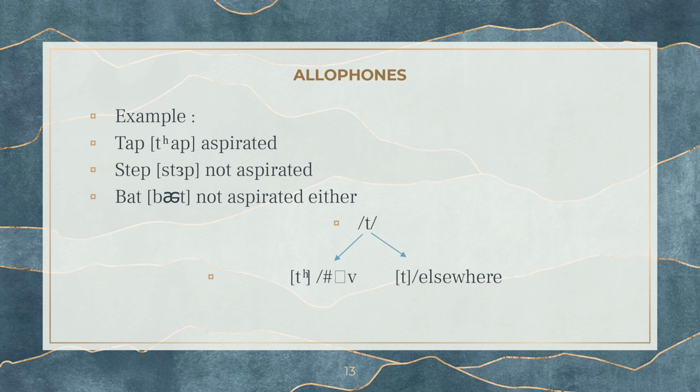In step, T is not aspirated, and in pat, T is not aspirated either. We can see from the diagram that T can be two allophones, aspirated and not aspirated, or elsewhere.